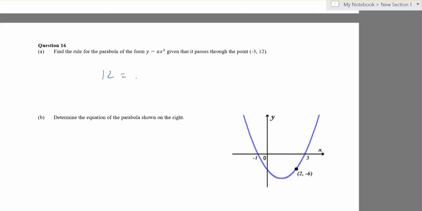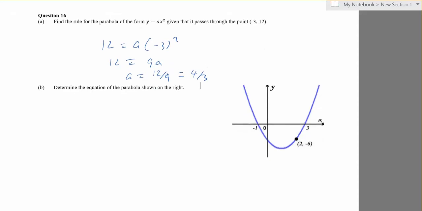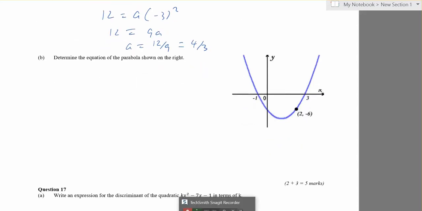So 12 equals a times -3 squared. 12 equals 9a. a equals 12 on 9, which is 4 over 3. That's your a value. Double check that you've done everything right. Yep, I just subbed it in and solved for a. You need to simplify fraction skills. You are a method student, so I am expecting you to know how to do it.